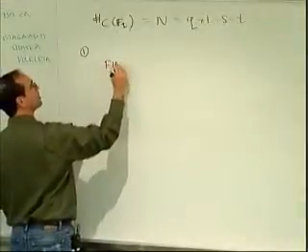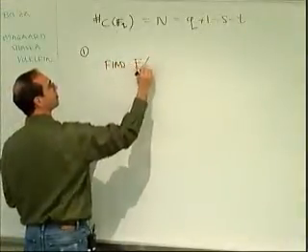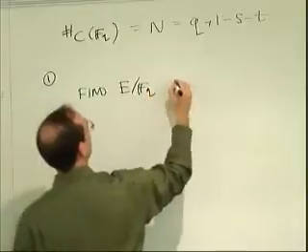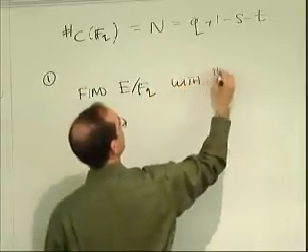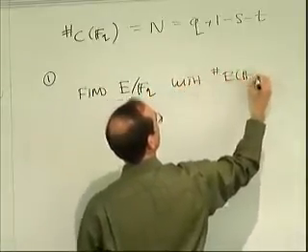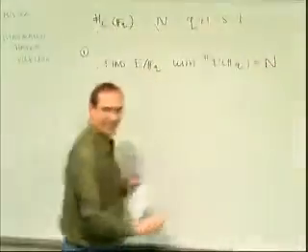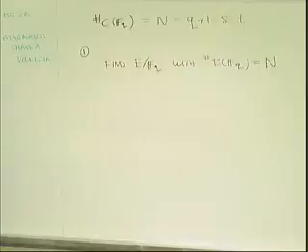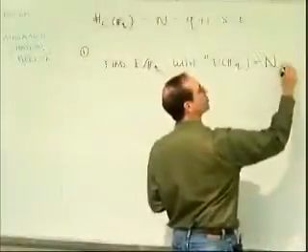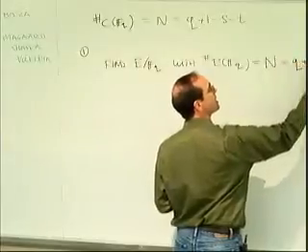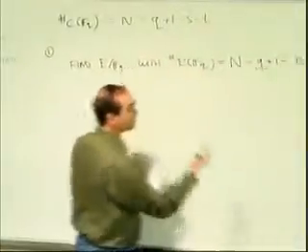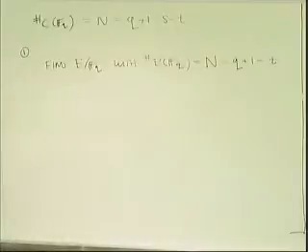So step 1 is to find an elliptic curve over F_q with a number of points equal to n. So we use Reynier's thesis to produce a q and an E, whose trace is t, and that satisfies that relation.